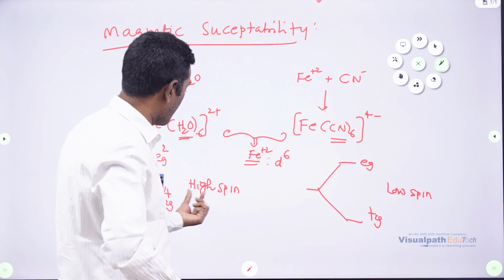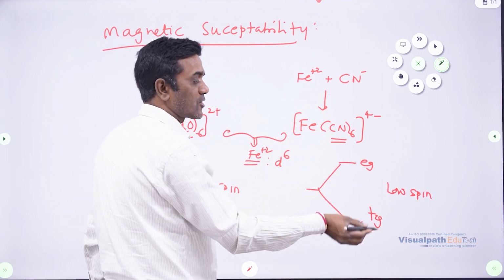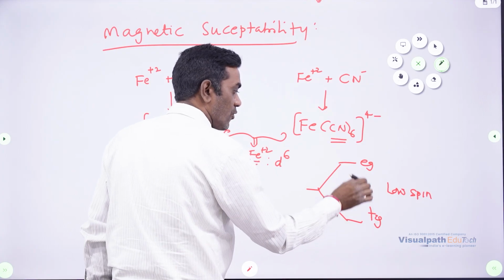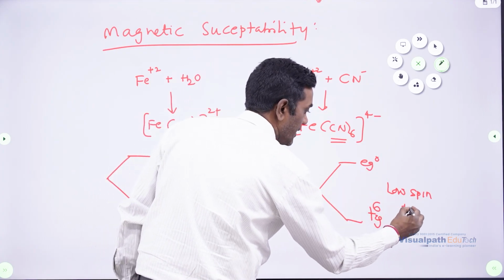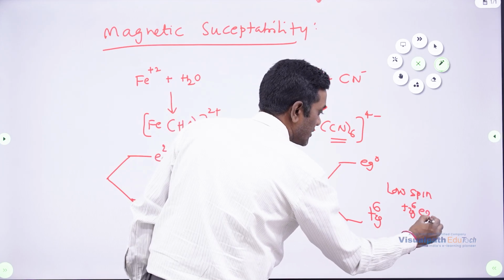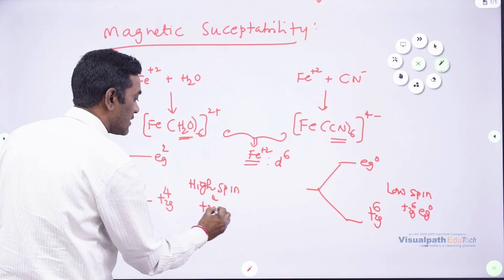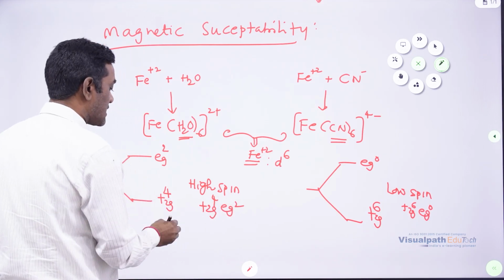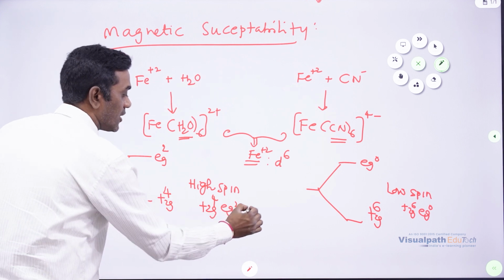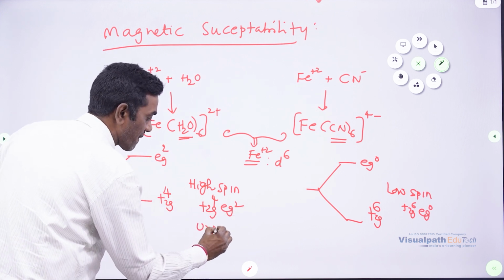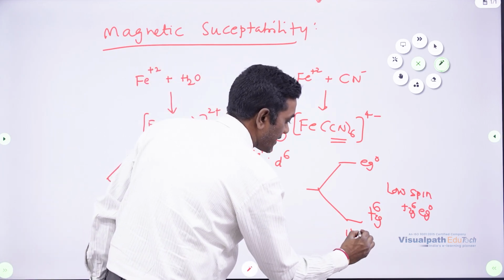In this low spin complex, how the electrons are going to fill? 1, 2, 3. Even fourth electron is going to enter here only. 4, 5, 6. And eg is 0. So it is going to be t2g6, eg is 0. How many unpaired electrons are here? t2g4, eg2. If you are considering here completely, right? 2 unpaired electrons from here, 2 from here. Total unpaired electrons is equal to 4. And here total unpaired is equal to how many?